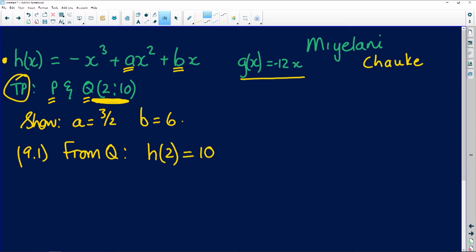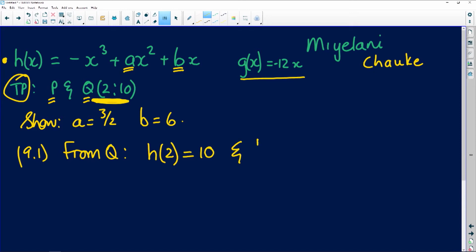They also told you, folks, that it's a turning point. If it's a turning point, we know that the derivative at that point is 0. So the derivative at the point 2 is indeed 0. Let's start with this one and see if it eases some of the difficulty. We start with the derivative information, and then we use the point information.